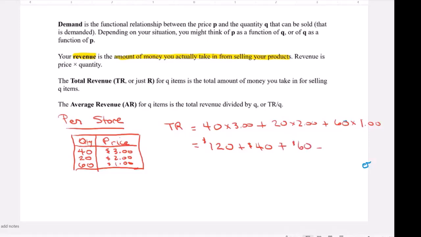So my total revenue is $220. That means if I came in with 0 money, I now have $220 in my cash register. That would be my total revenue.